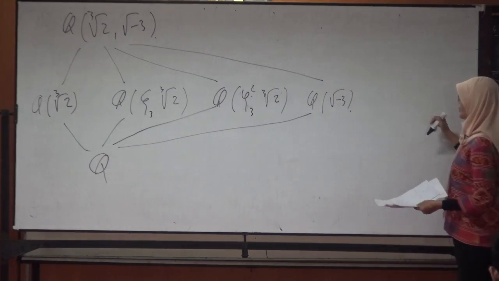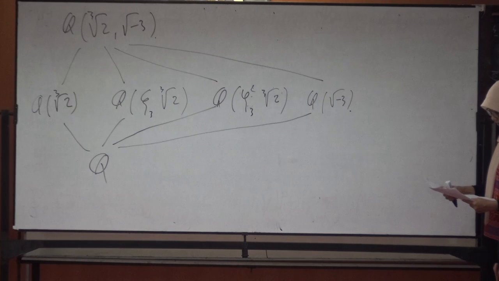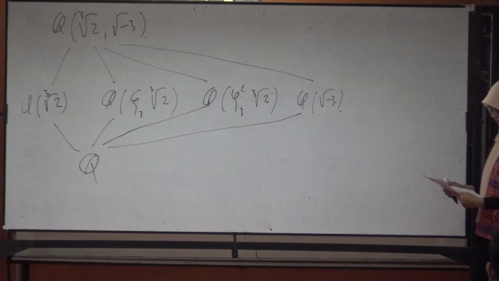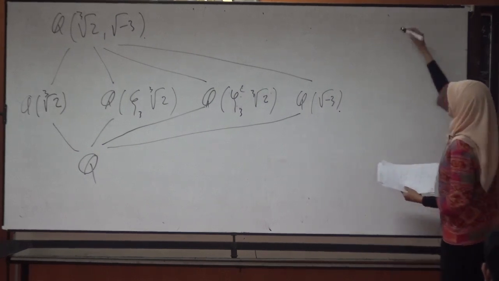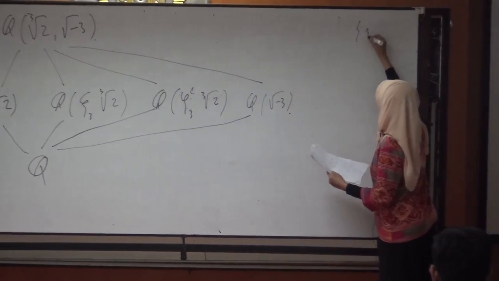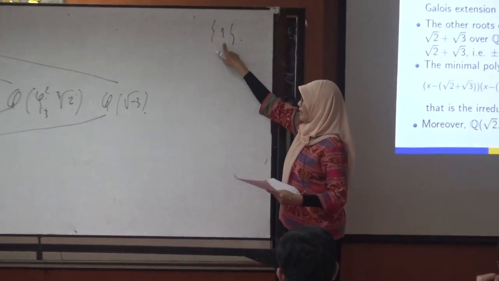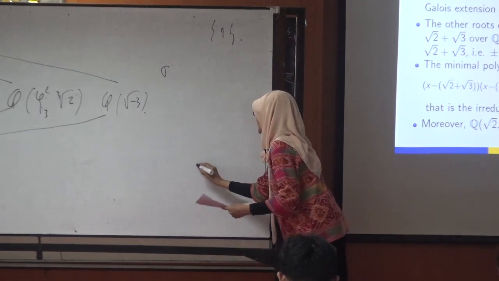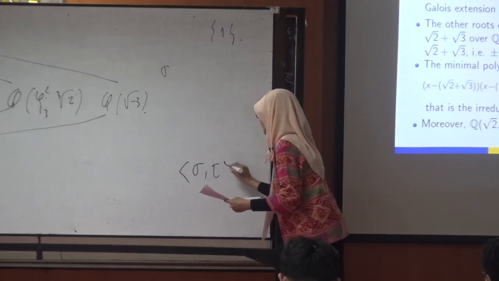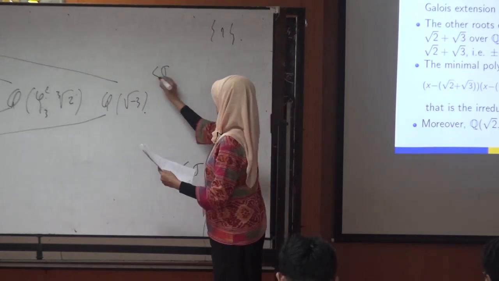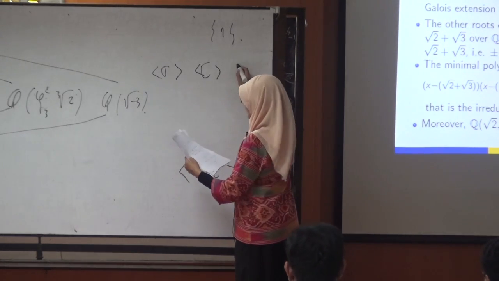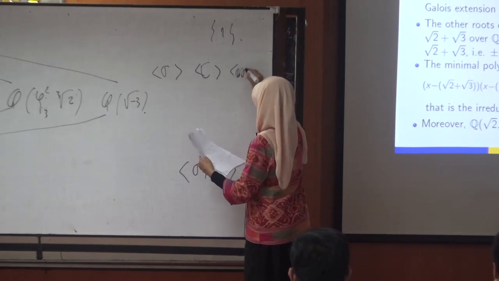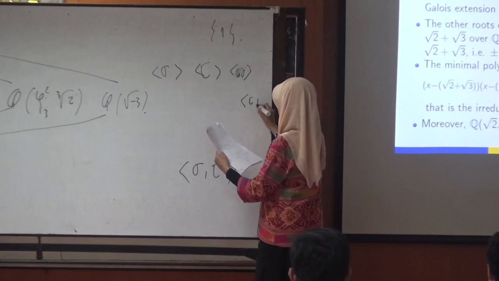And what about the Galois group of this field extension? At the top is the identity in the Galois group, and this is sigma, this is sigma tau, sigma, this is tau, this is sigma tau sigma, and this is tau sigma squared.